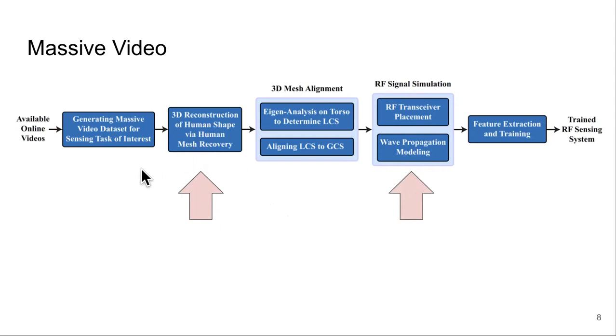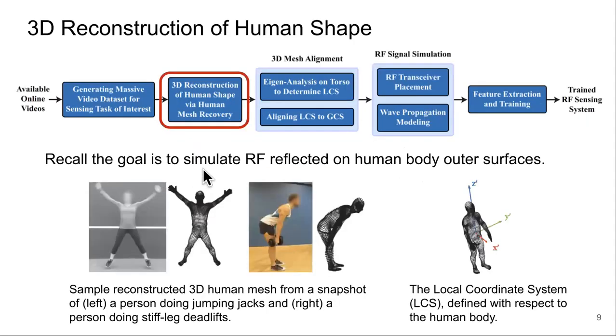To that end, the authors reconstruct a 3D human mesh from videos. Here we see two examples, a person doing jumping jacks on the left, and a person doing step leg deadlifts on the right.